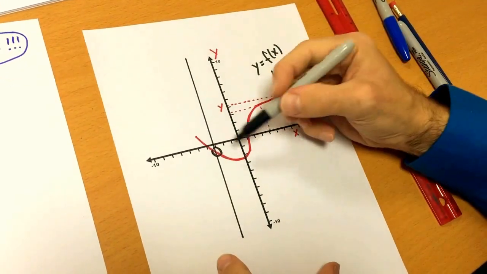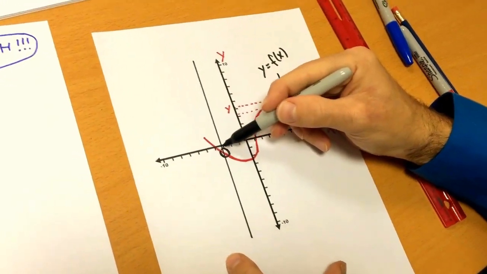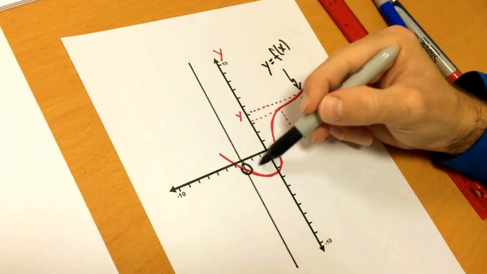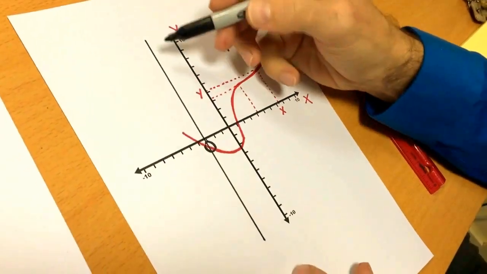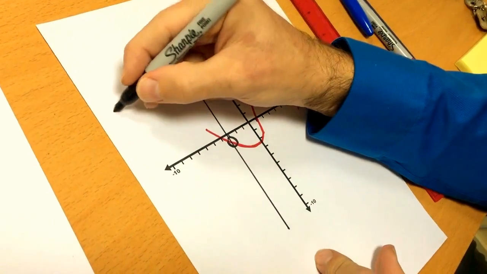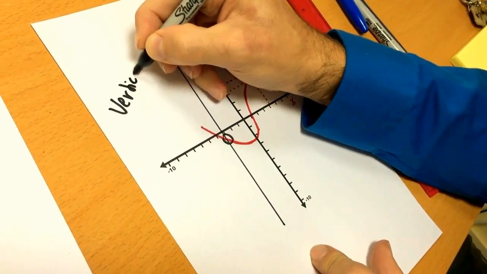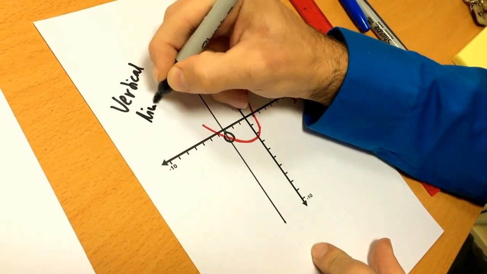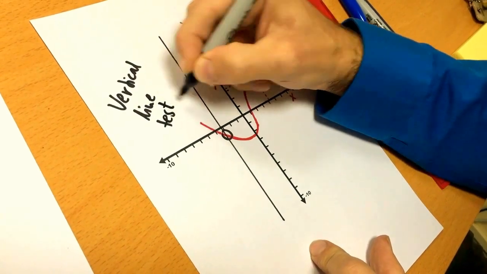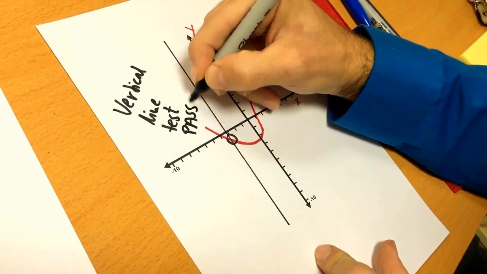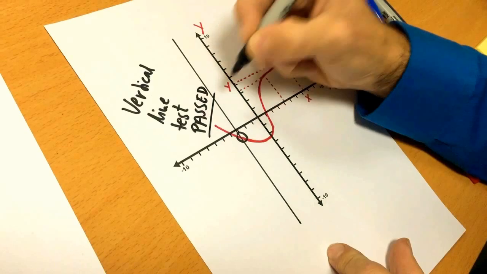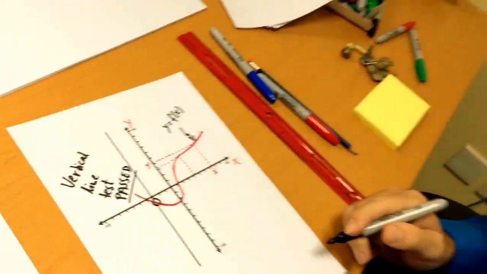It means that for every item I bring to the cashier, I will have one and only one price. So if it passes only once, then the vertical line test is passed. Which is very good, because then we know that we have a function.